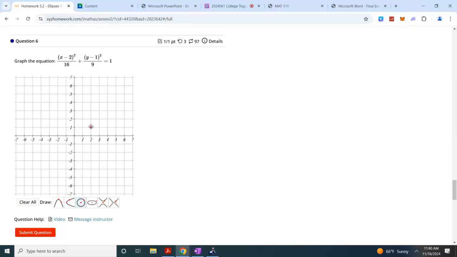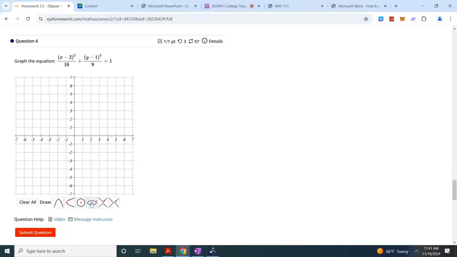So from the center, I'm going to move 4 units to the left or right, but I want to choose to move to the right. 1, 2, 3, 4. And the reason why I'm using 4 instead of 16, because 16 is a square, but in our formula we only want a. So I go over 4 places to the right, and then I'm going to go up 3.